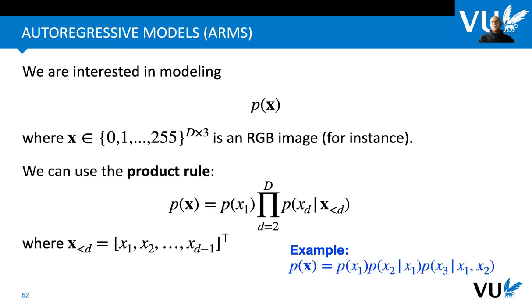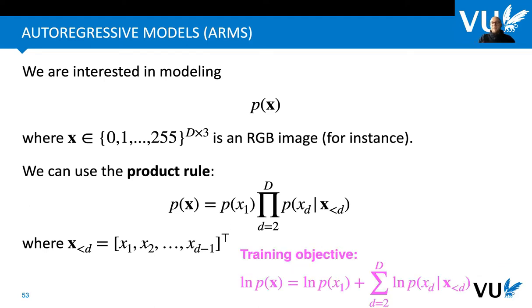This is what the product rule tells us. And the autoregressive model is autoregressive because it looks all the time at what was before. Of course, the training objective is very nice and simple because we take the log likelihood and we can change this factorization into a summation, right? So this is very nice.